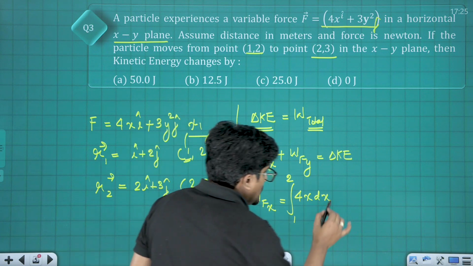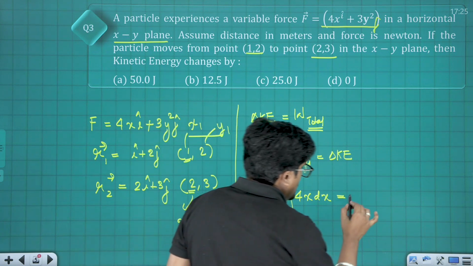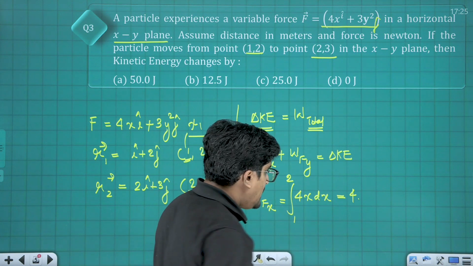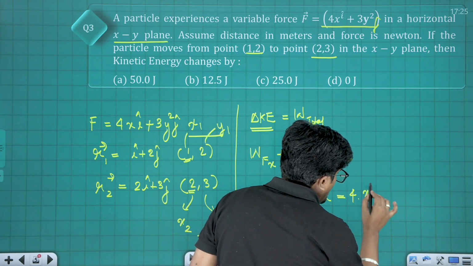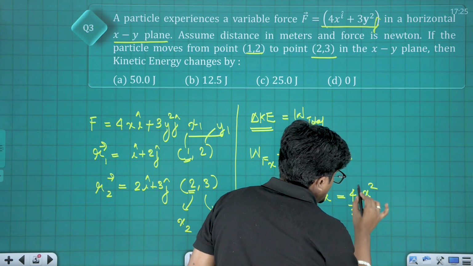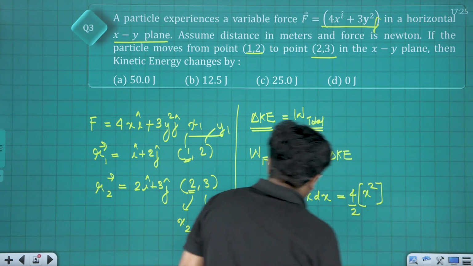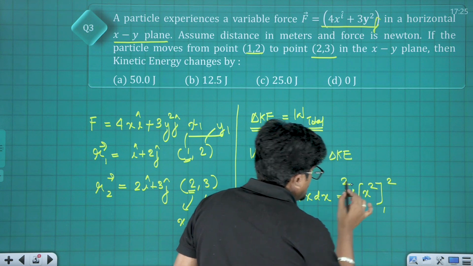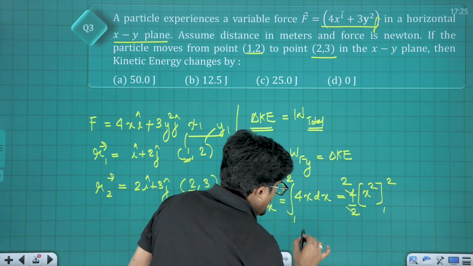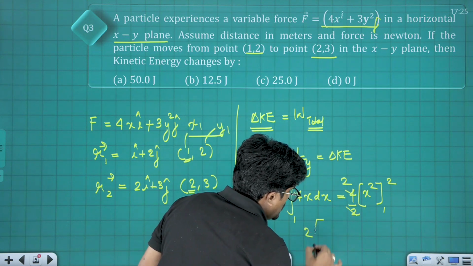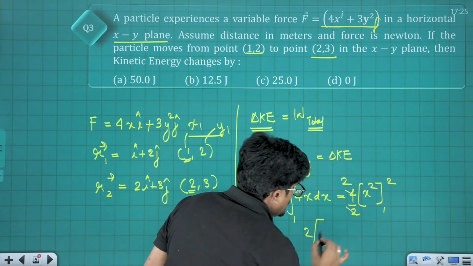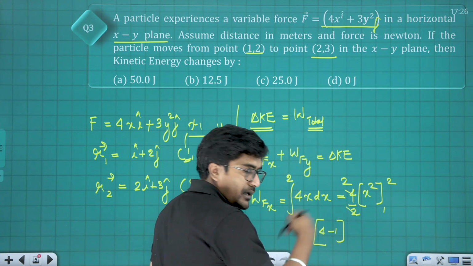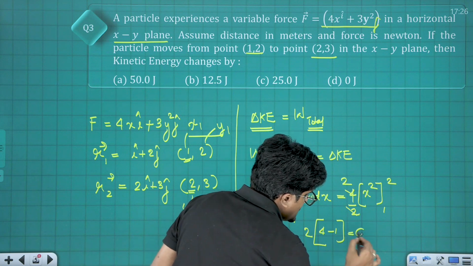Here you are going to get 4 into the integral of x dx, which is x square by 2, between the limits 1 to 2. Here this will cancel and it's going to be 2. Now you are going to get 2 into 2 squared, 4, minus 1. So this is 3, and 3 into 2 is 6 joule.